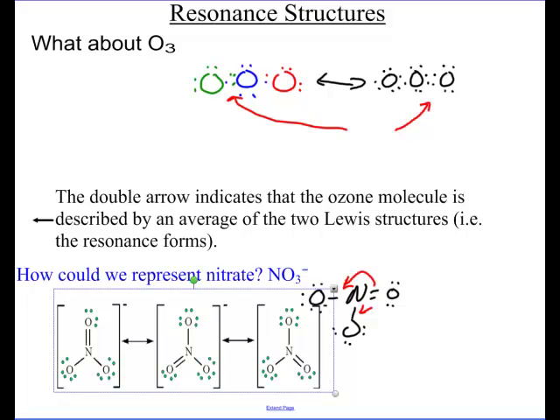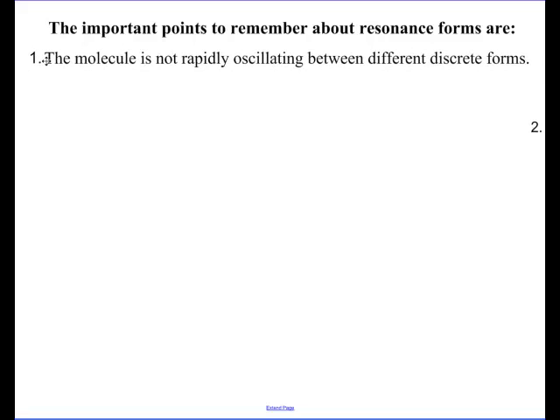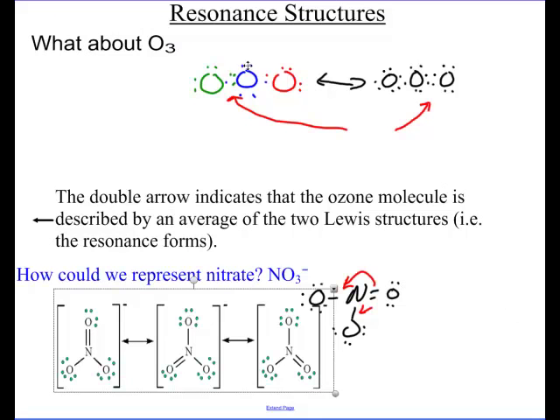And then I just want to give you two more points to understand about it. One, it's not like the molecule is oscillating between these forms. Okay, in other words, it's not like it's going back and forth between this shape and this shape. That's really not what's going on. Remember, we're talking about average bond lengths.